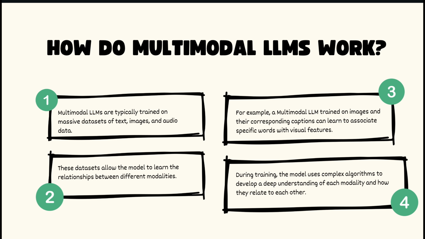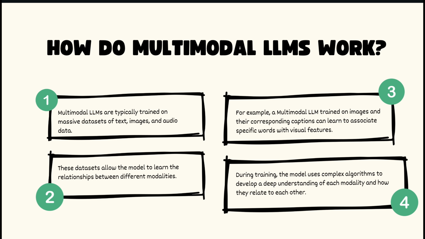As you can see, there are four points. Multimodal LLMs are typically trained on massive datasets of text, images, and audio. Our models are trained on different types of data: text data, image data, audio data. The second point is that the datasets allow the model to learn relations between different modalities, like text to images, text to audio, text to video, multiple modalities.